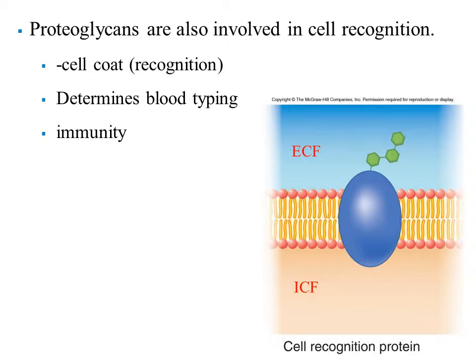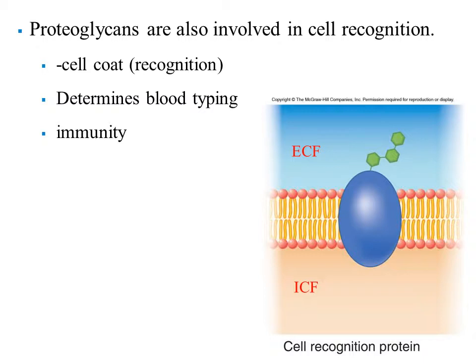The proteoglycans are also involved in cell recognition. So we know that the proteoglycans are involved in attachment. They help the cell stay attached to the extracellular matrix. It also is involved in recognition. So every cell in your body has a specific molecular fingerprint. My cells will have a different molecular fingerprint.